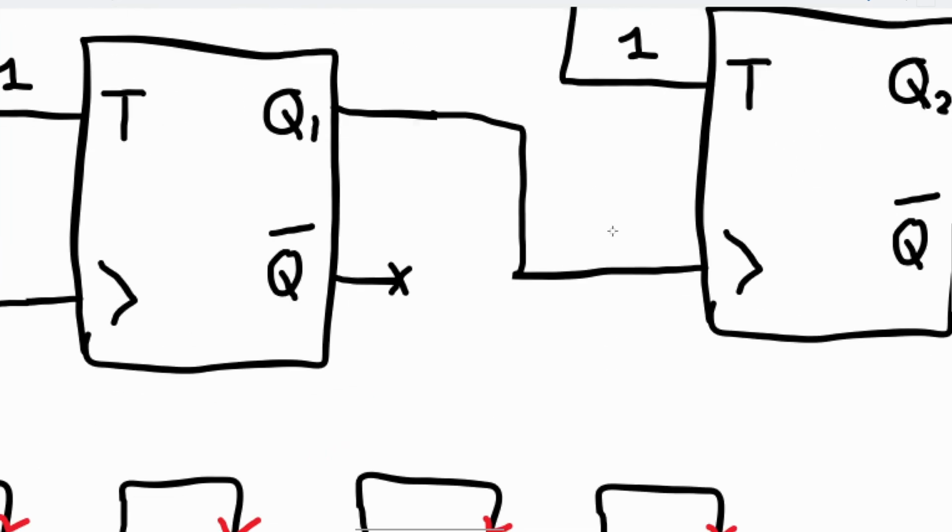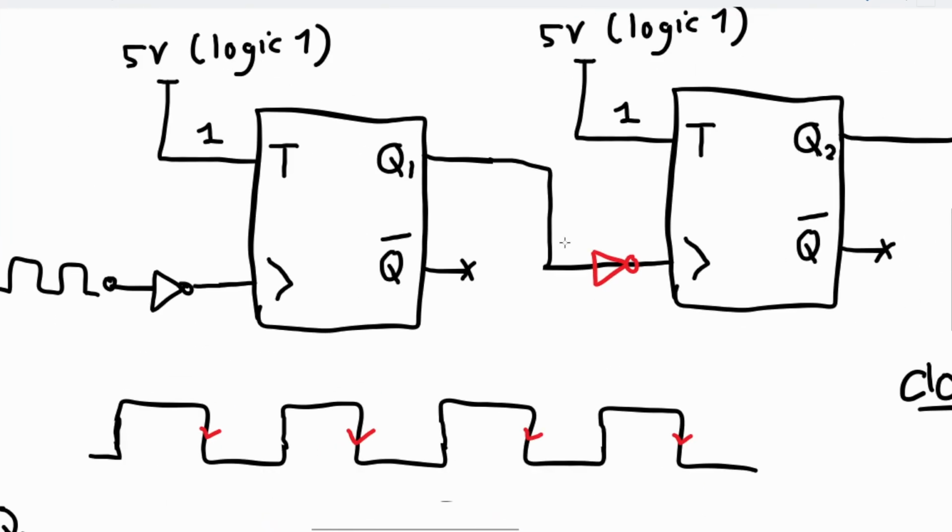And since we also want a NOT gate here, instead of actually using a NOT gate, we can just use Q bar, can't we? Because Q bar is the opposite of Q. Q bar is not Q.